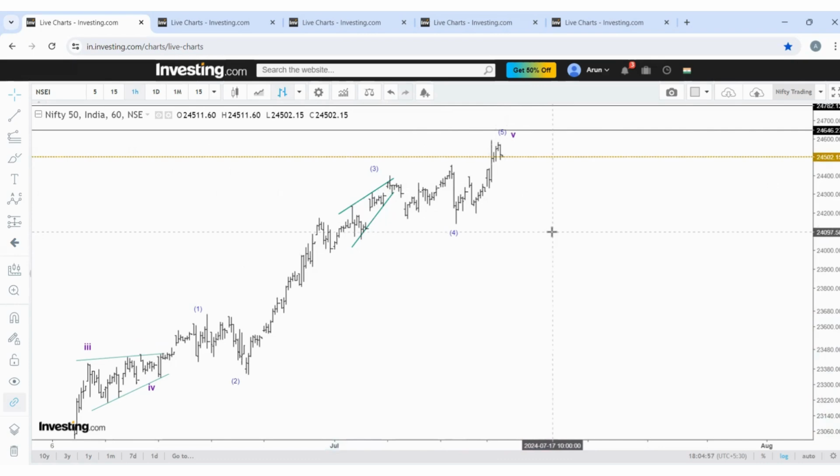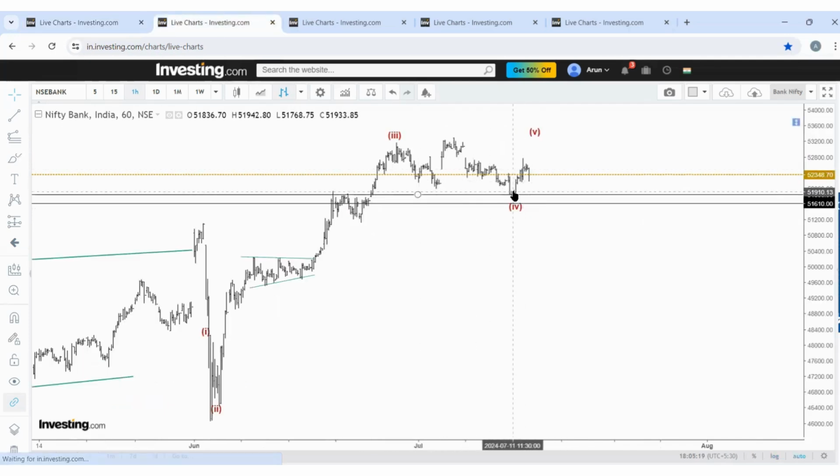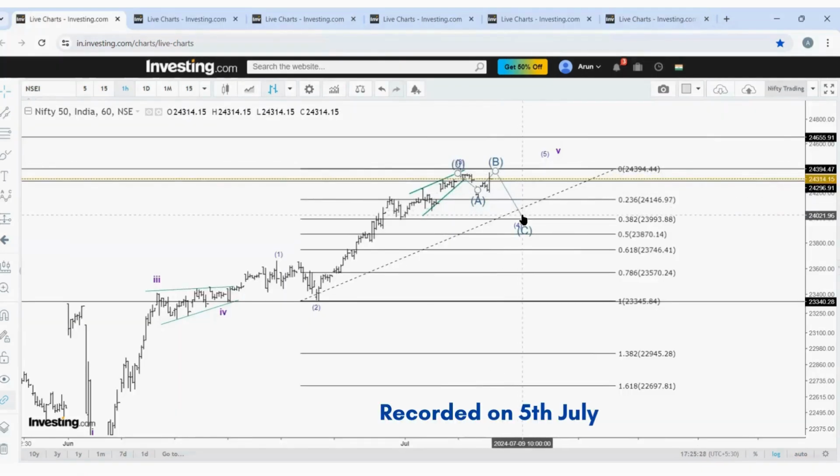24,590. See, I will just add a 1-minute clip where you can understand what we expected from the previous week in Nifty and Banknifty also, so that you can have continuous information from previous week to this week. Up to 23,990 is a part of impulse only.